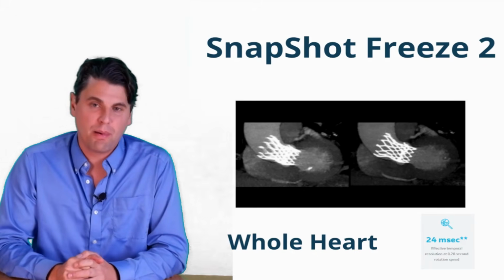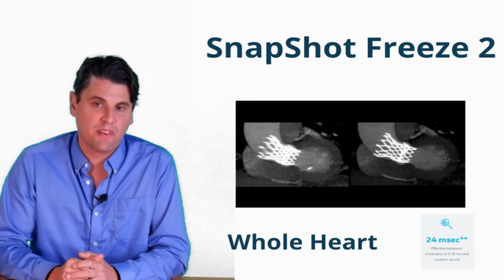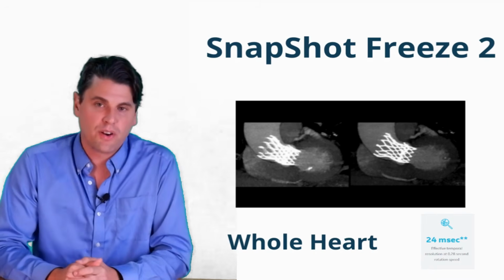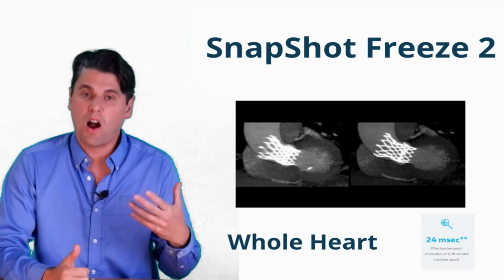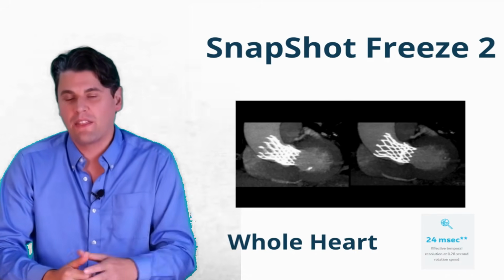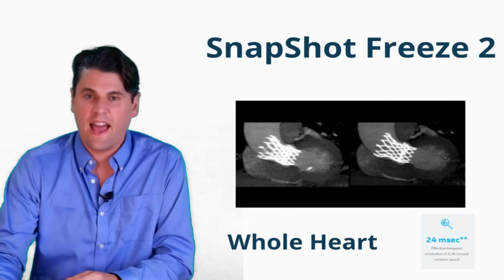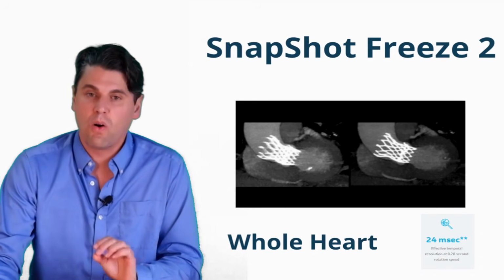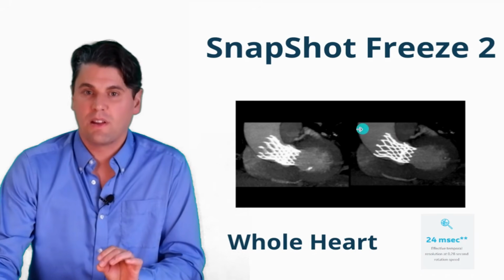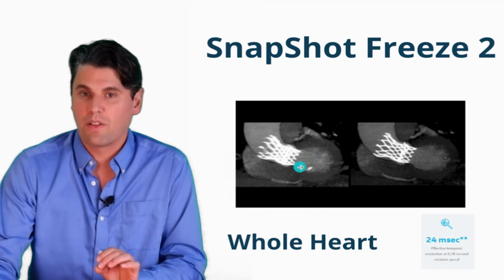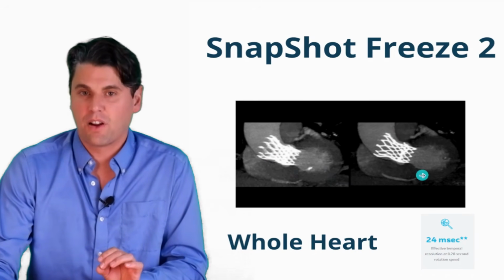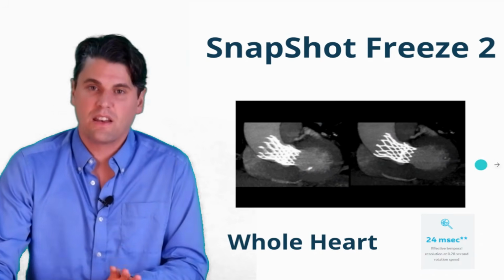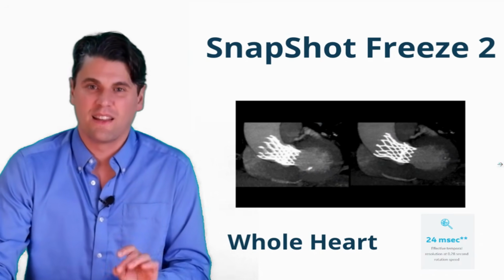All those solutions that I talked about before, those are all coronary specific. So then GE was the first also to introduce a whole heart solution, which goes beyond the coronaries and looks at valves, looks at implants, and this is the whole heart solution. And so you can see here before the correction and after the correction, there's a significant improvement in the image quality.